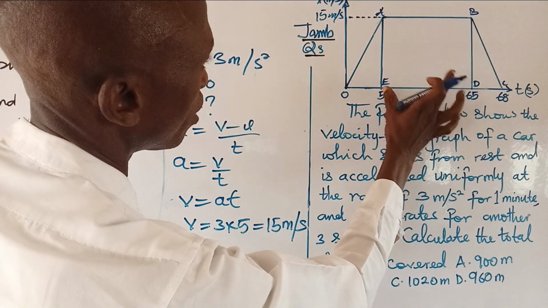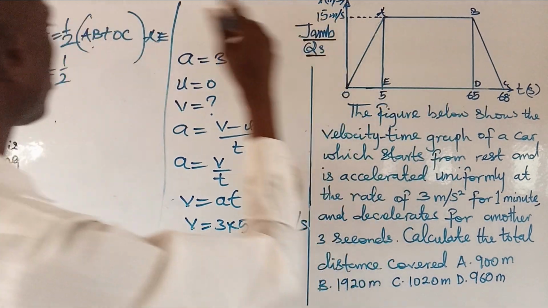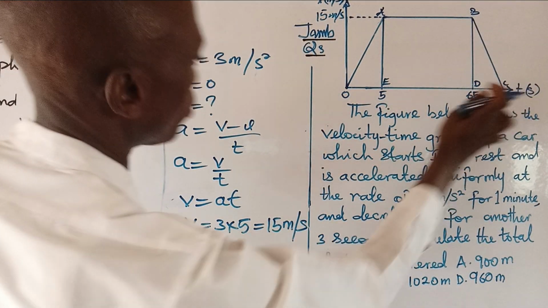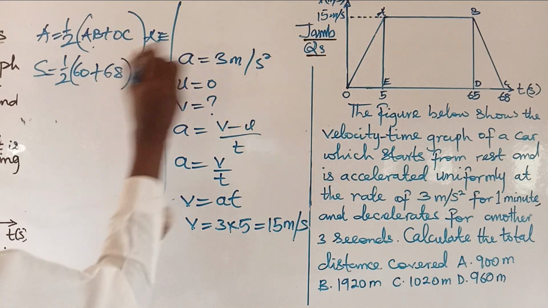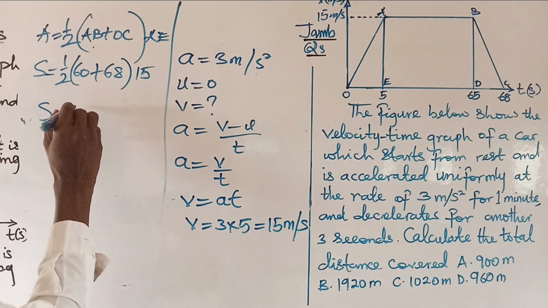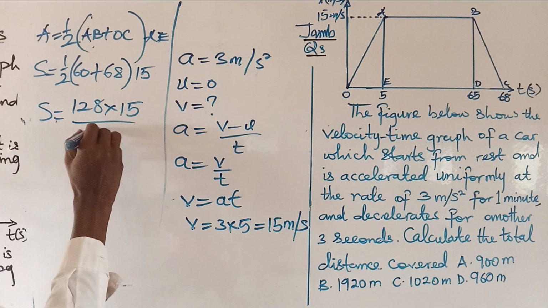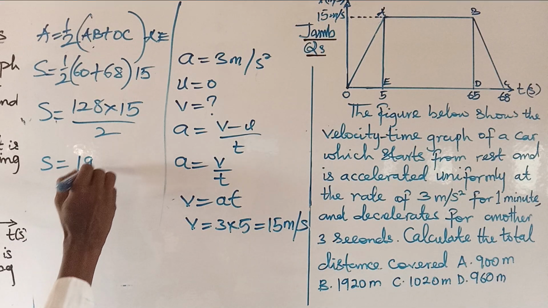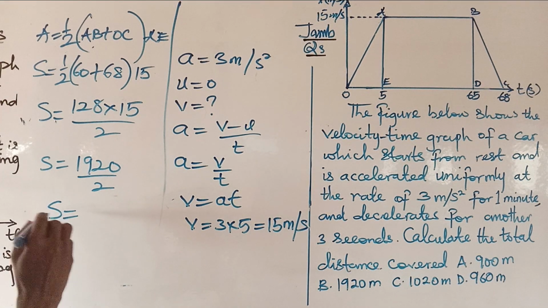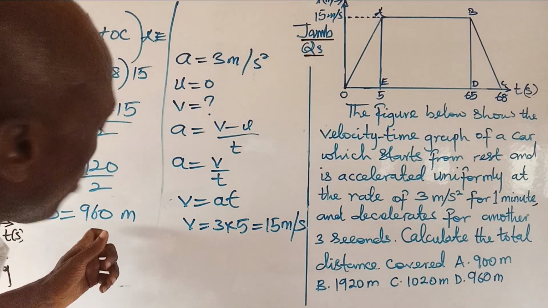From this graph now, AB, according to the time that is given here, is 60, plus 8 to this will give us 68. Height is 15. This plus this will give us 128. 128 multiplied by 15 divided by 2. It will be 1920 divided by 2. Total distance will be 960 meters. Do we have 960 in the options?